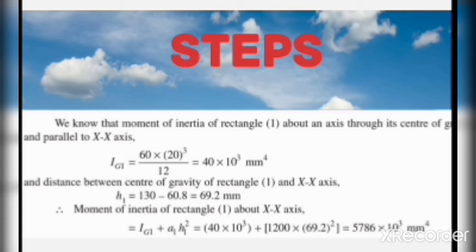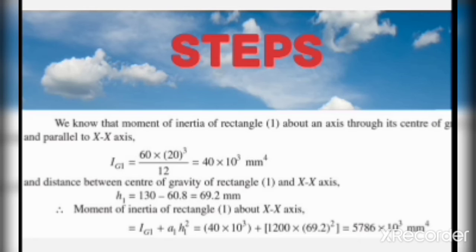By using the formula, x bar equals 50 mm and y bar equals 60.8 mm. Then after finding x bar and y bar, we have to find a1, a2, a3, x1, x2, x3, y1, y2, y3. These terms are used to find I_XX and I_YY.